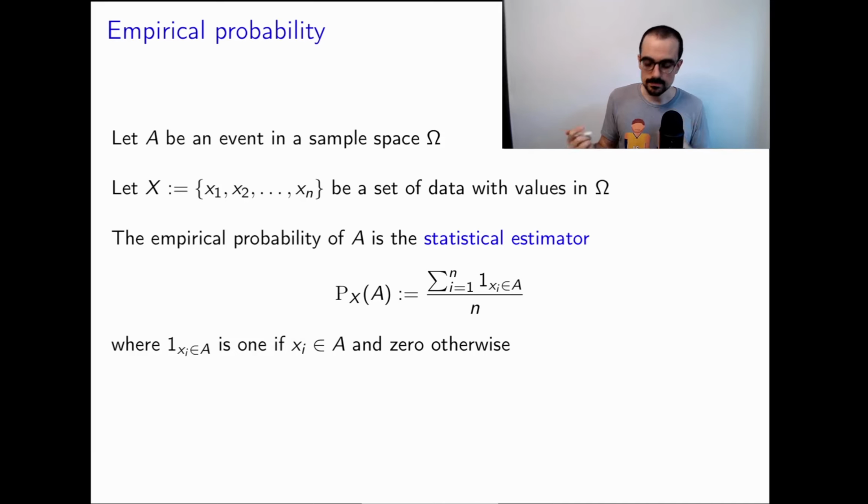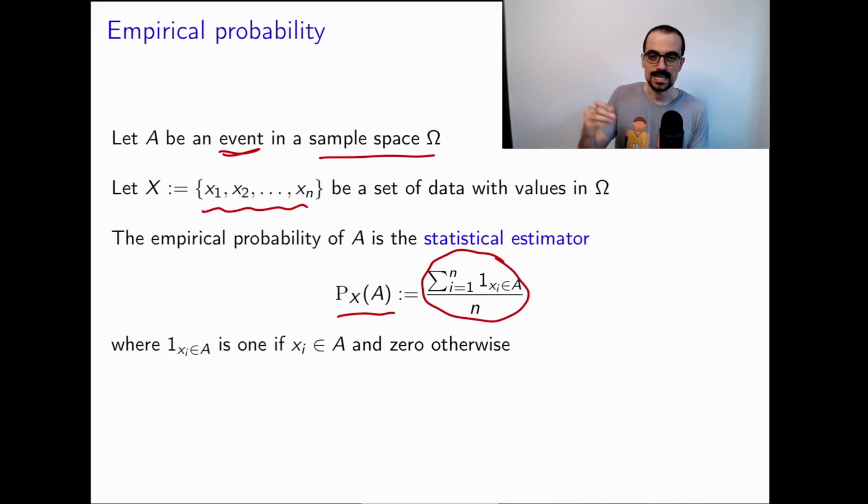The idea was very simple. You're interested in the probability of a certain event in a certain sample space, and you observe some data that can either be in the event or not, and essentially you estimate the probability of the event using the fraction of data that you observe are in the event.